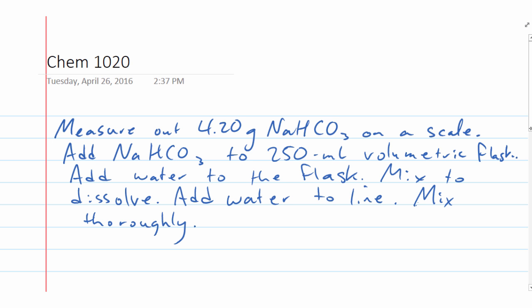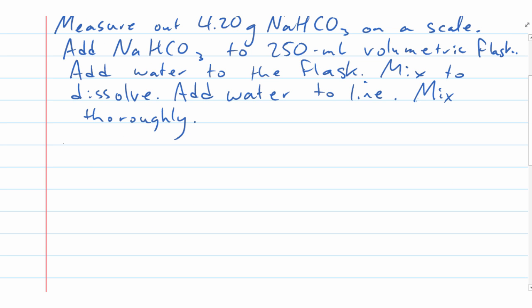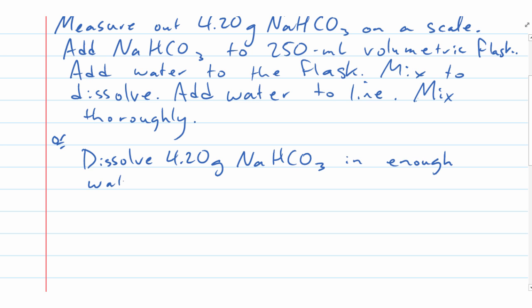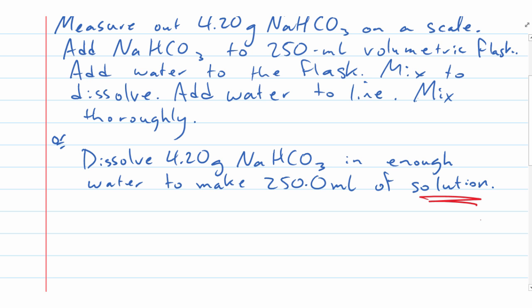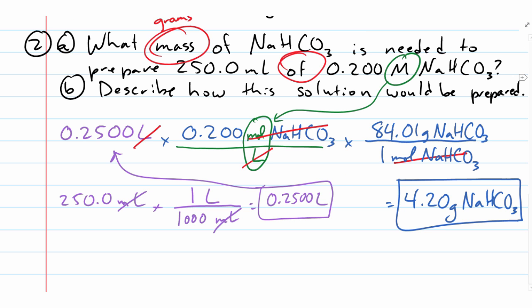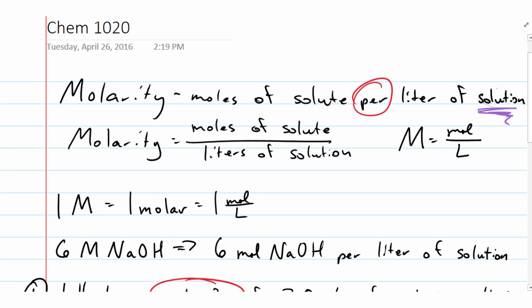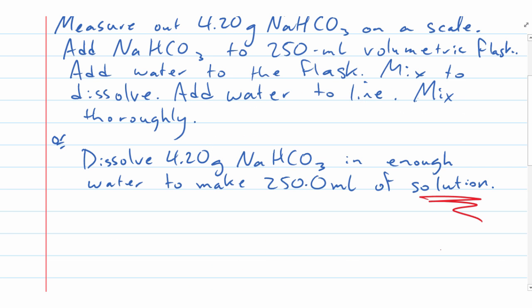Now, if we want to word it more simply, we could say we would dissolve 4.20 grams of sodium bicarbonate in enough water to make 250.0 milliliters of solution. And the key here is that we are making 250 milliliters of solution, and we go back to our definition, which again, molarity is based on the amount of solution that's in there.